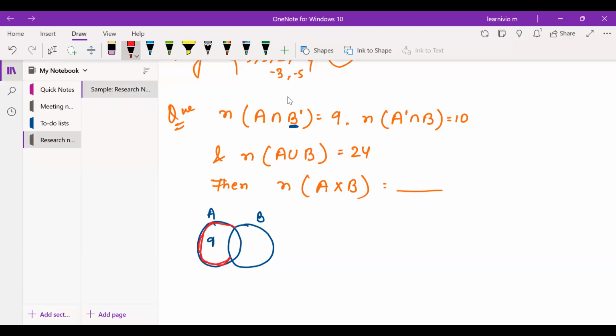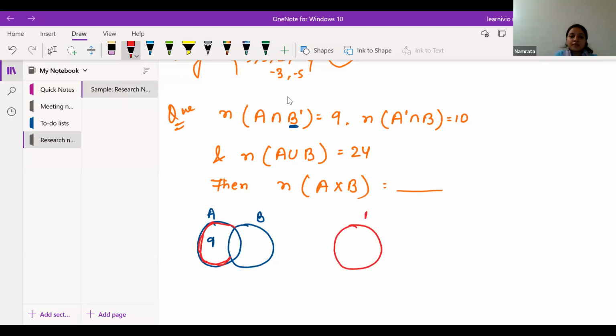Now the other one says A complement intersection B. So we are having A, we are having B again, and here intersection A complement and B. That means A complement means what? Exclude A. So just keep it aside, the whole part, the whole circle of the A. Now what will be remaining?